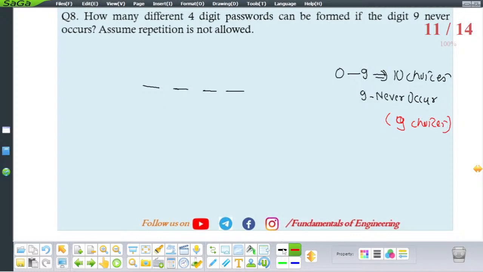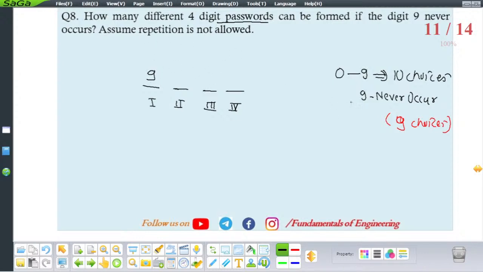So how many 4-digit passwords can be formed? First, second, third and fourth positions. The 9 choices are available at the first position. We can use 0 because we are not forming a number, we are forming a password, so a password can start with 0.